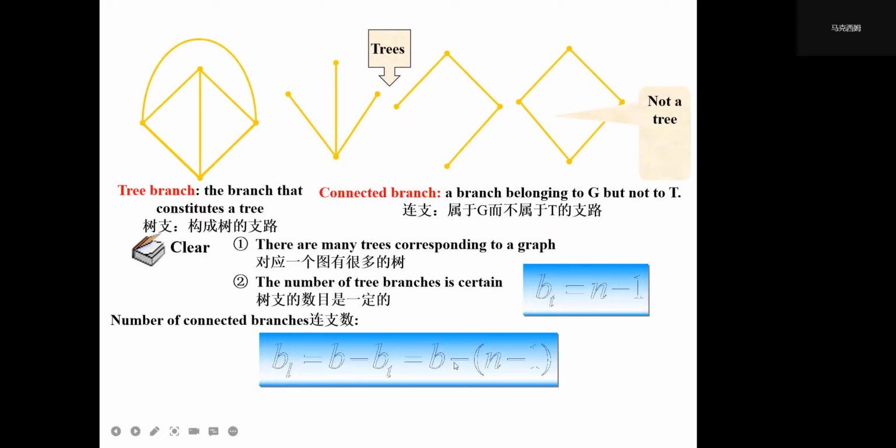So b minus n minus 1 is the number of connected branches. Besides that, n minus 1 is the tree branch number.